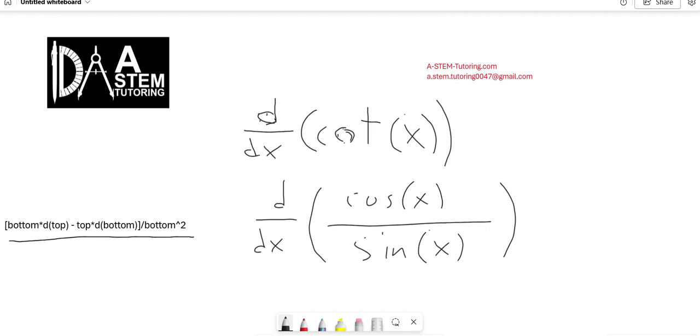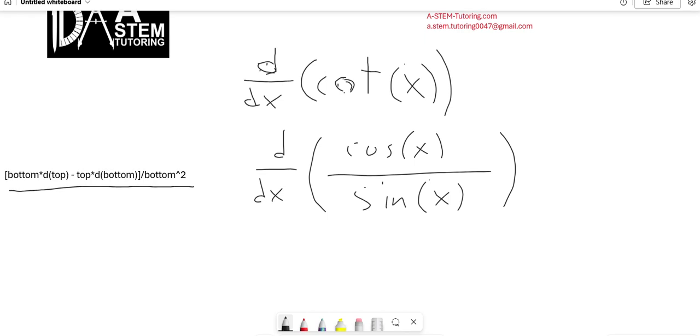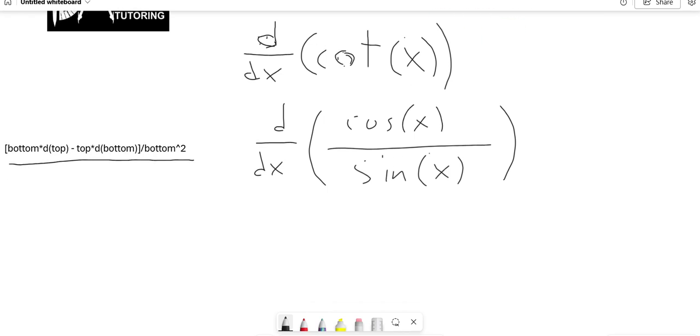So bottom d top minus top d bottom, that whole thing is the numerator, divided by the bottom squared. So in this case, bottom d top, first of all, the bottom is sine of x, the top is cosine. The derivative of cosine is negative sine. So the bottom d top becomes sine of x times negative sine of x.